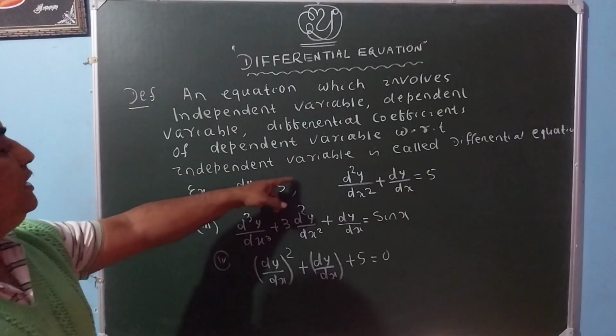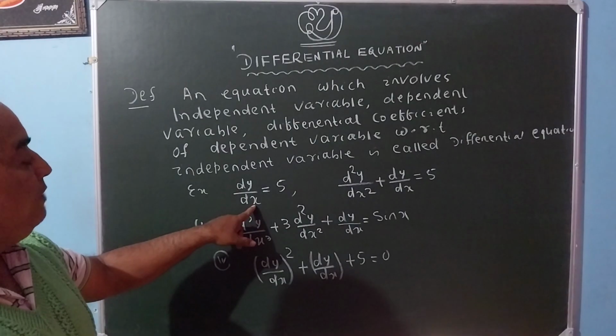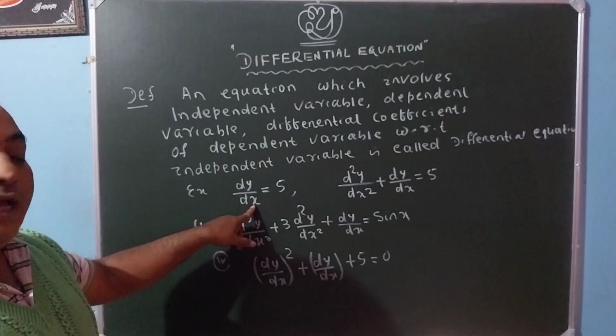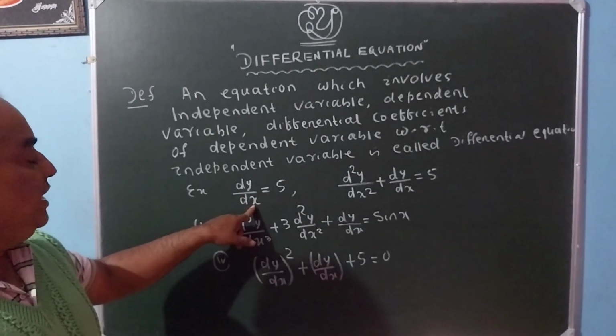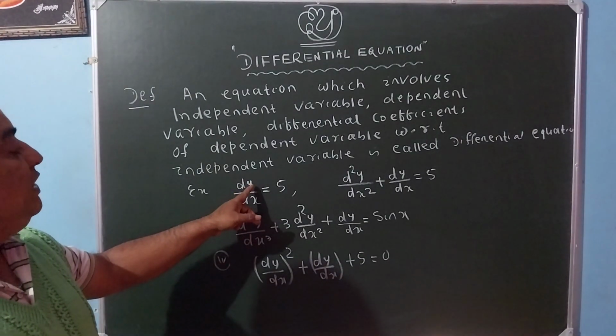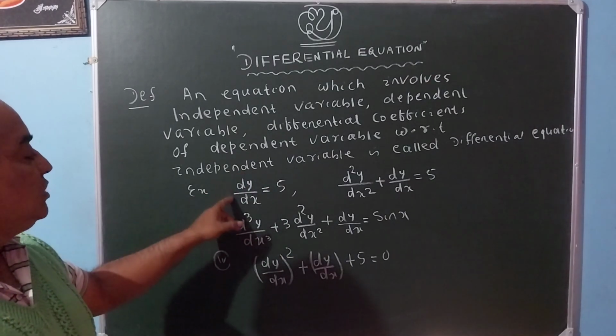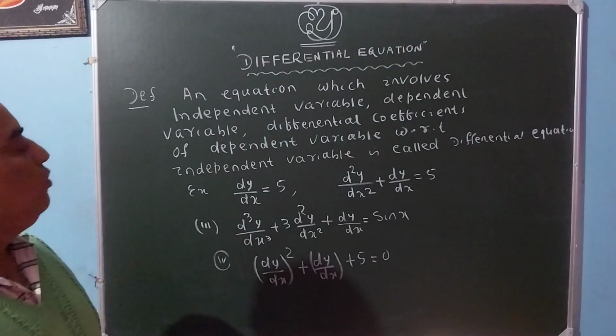An equation which involves the derivatives of dependent variable with respect to independent variable. There are two types of variable: one is a dependent variable, another is an independent variable. Here y is the dependent variable, x is the independent variable. So this is called a differential coefficient.